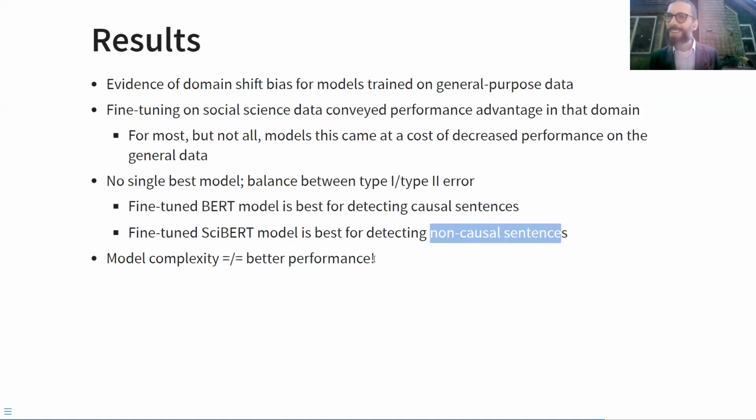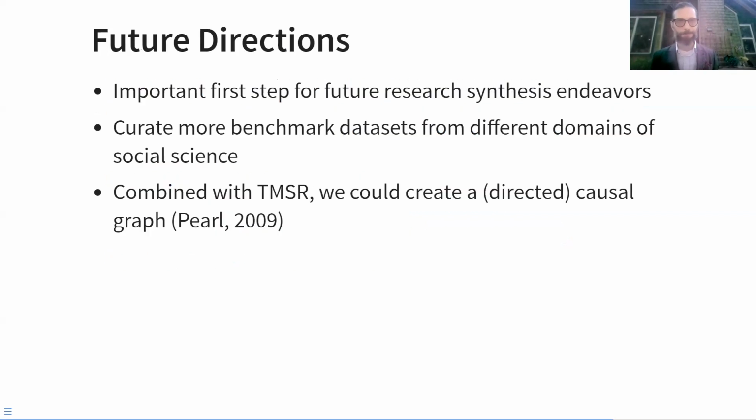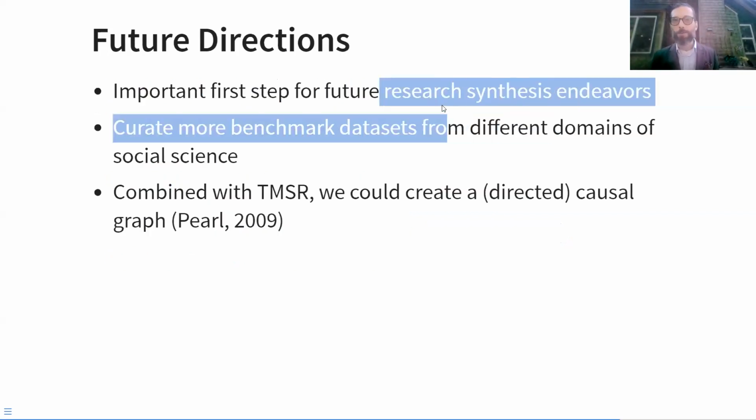But it was not the case that the most complex models performed the best. So I want to emphasize this. I'm not necessarily a scale optimist. You can't assume that the most complex, most expensive models are always best. A smaller, fit-for-purpose model is often better. So I think this is an important first step for future research synthesis endeavors.